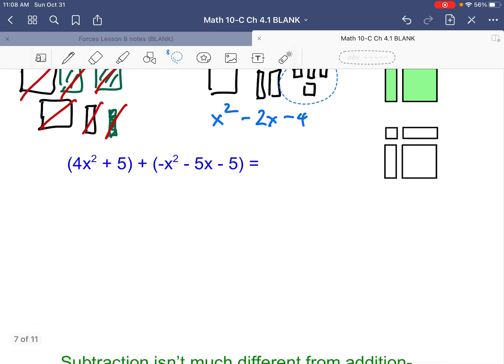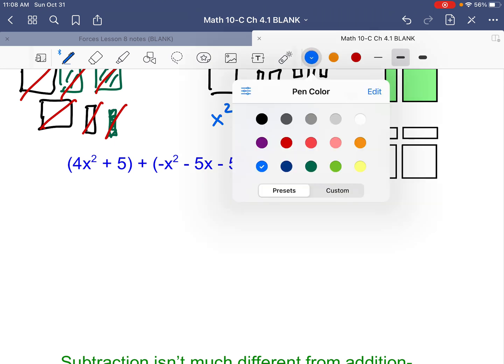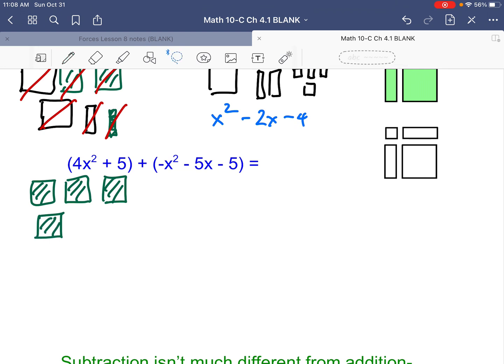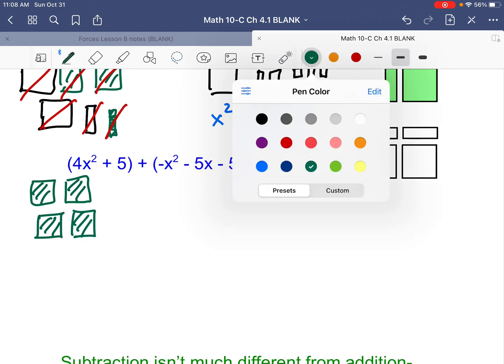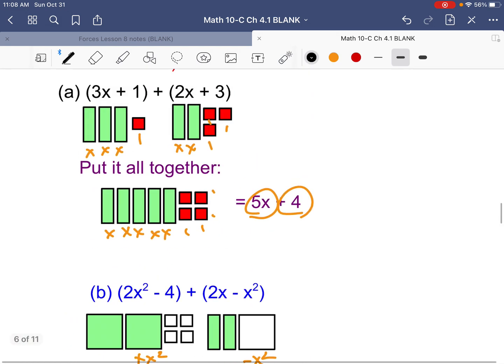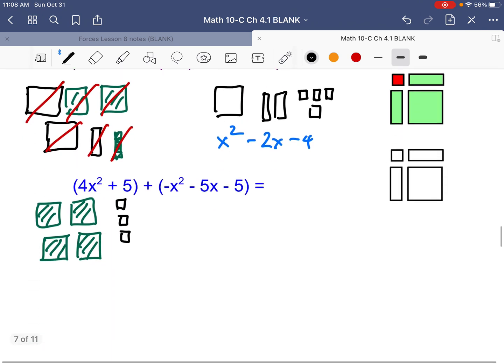But anyway. Now let's try the same thing down here. 4x squared. So that's 1, 2, 3, 4. Now plus 5 would be 1, 2, 3, 4, 5.